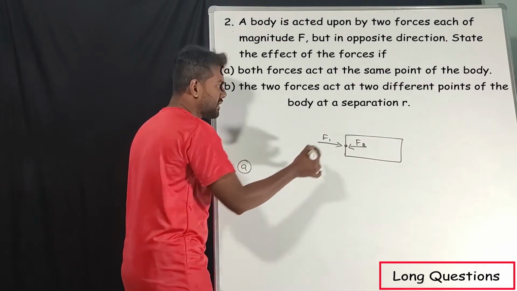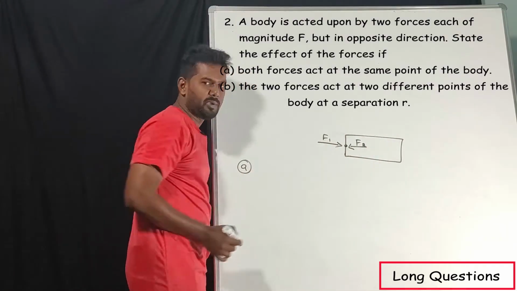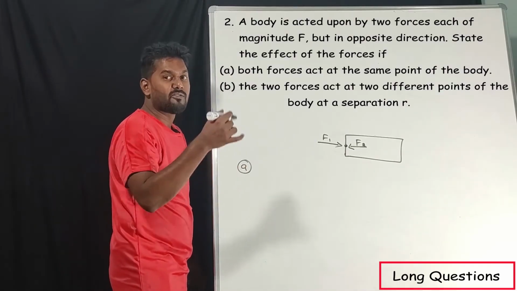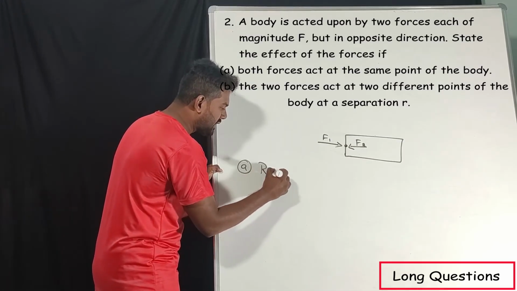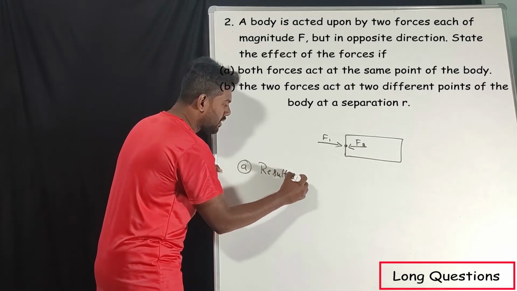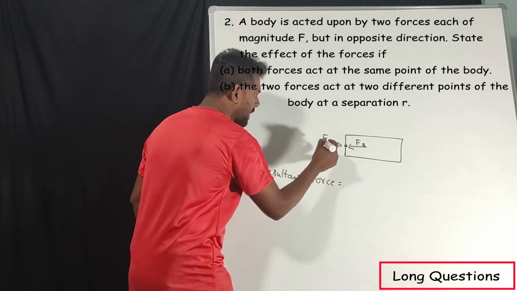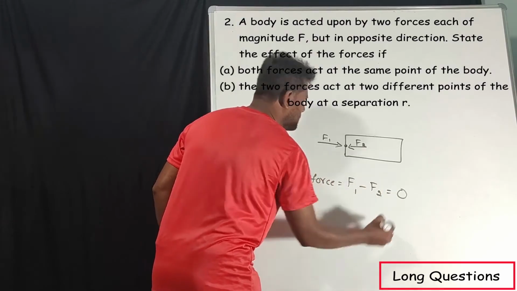Okay, opposite in direction. If you take the point here, again F1 will be here, F2 will be here. Okay, now we have to tell them what is the effect of this force. So the effect of this force will be the resultant force. Resultant force will be F1 minus F2 is equal to 0.